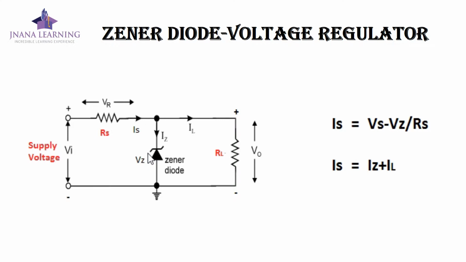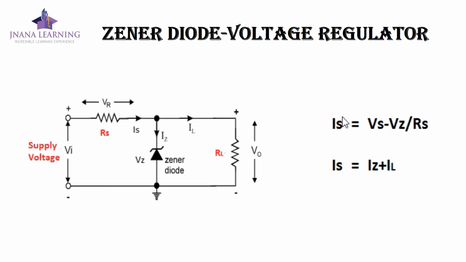Then the Zener diode operates in its breakdown region. Now the series resistor RS limits the Zener current IZ from exceeding its maximum value.